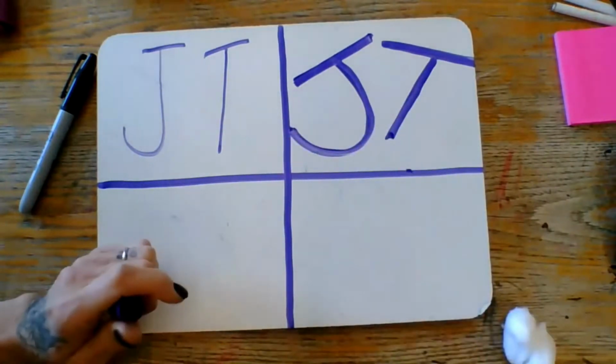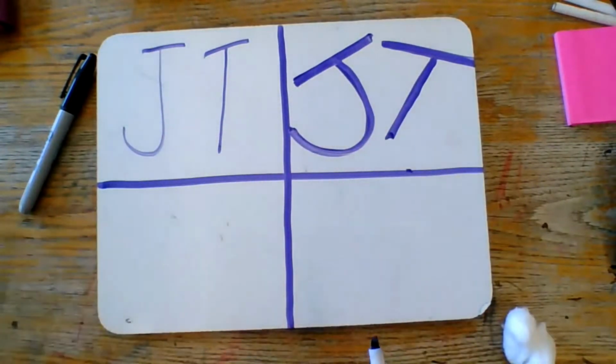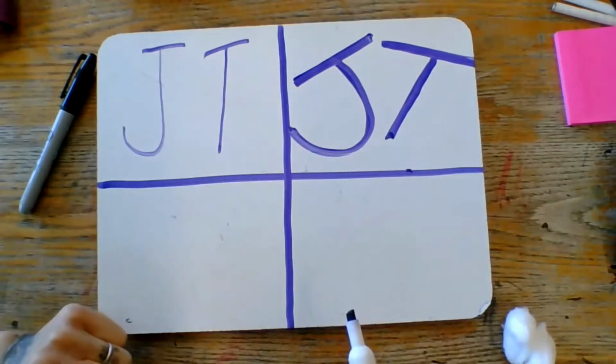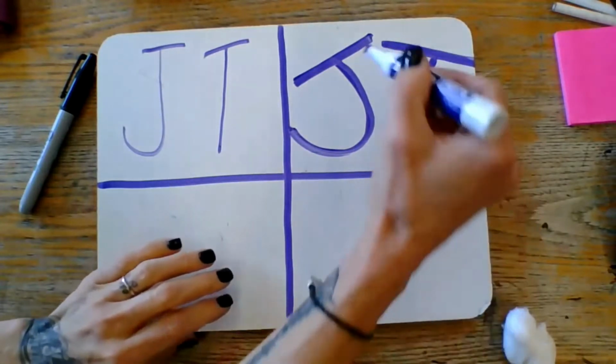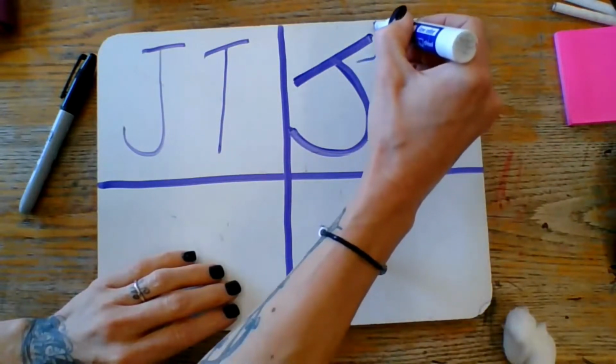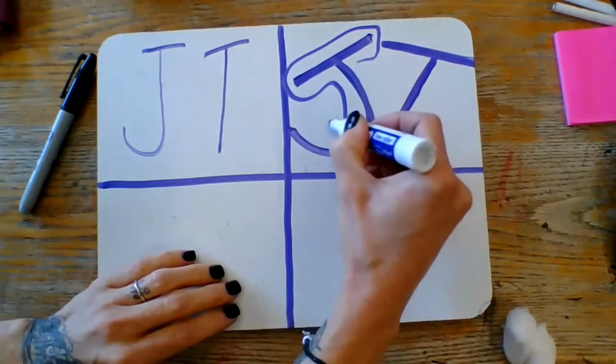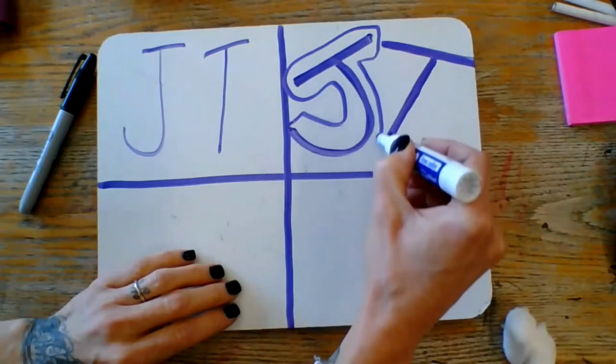So now I'm going to go back and look at my initials and I'm going to box them out. Just like we did block lettering in a previous lesson, you're going to go around these letters with a block.